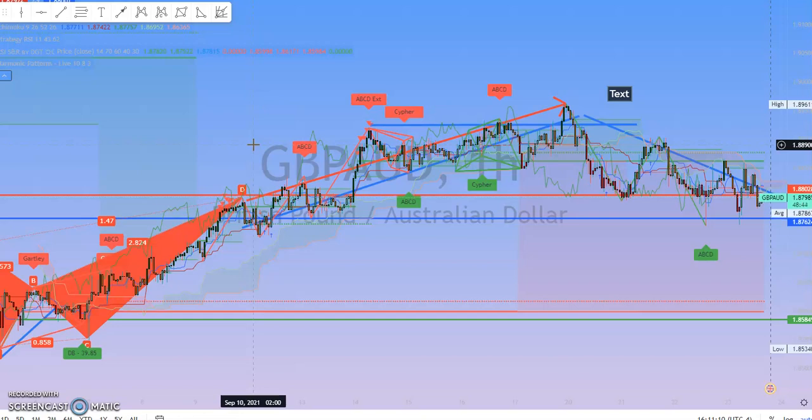But the AUDs, well, all of them do it really. But it's really GBP that likes to delay. It likes to take its time, filling some of these when they're above, like the H1, H4. They like to go past. They don't violate the daily. I don't think I've seen a daily violated.